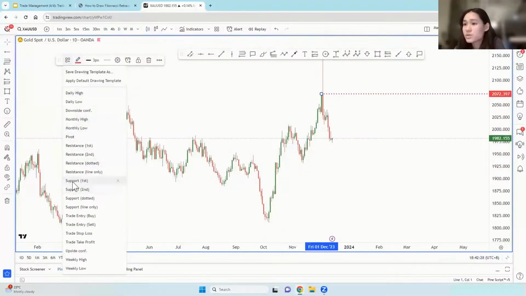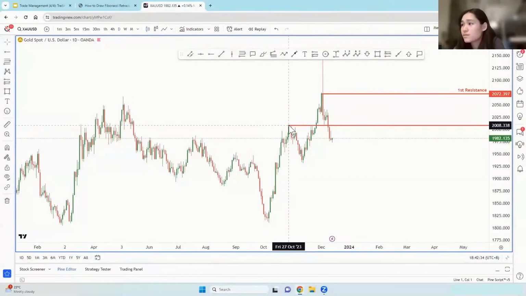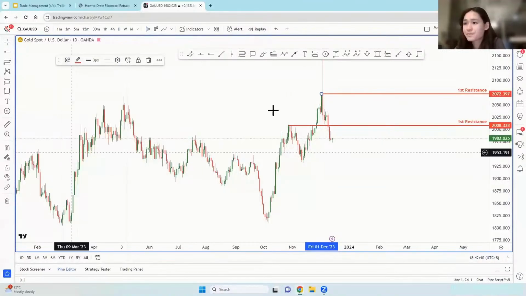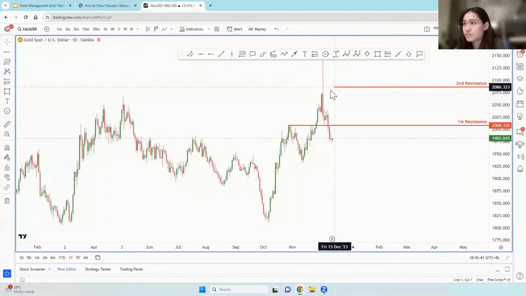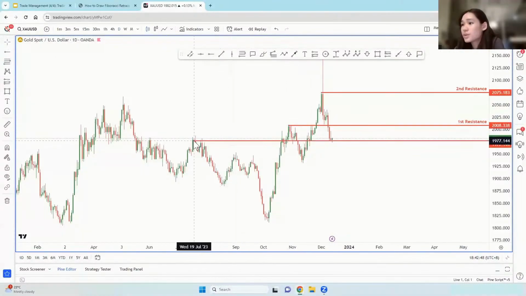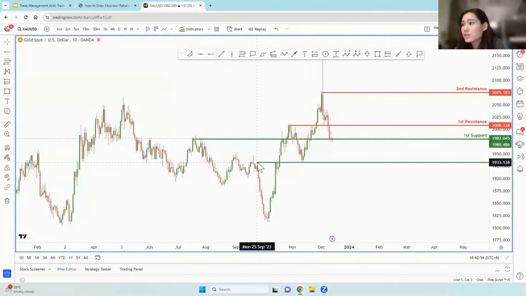Now let's go in with our support and resistance levels first. For my first support, maybe here.